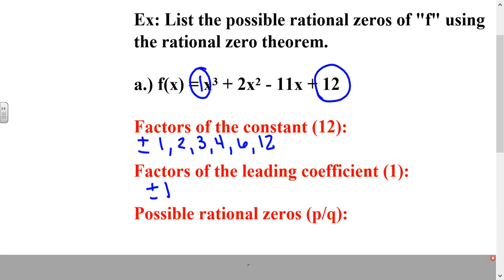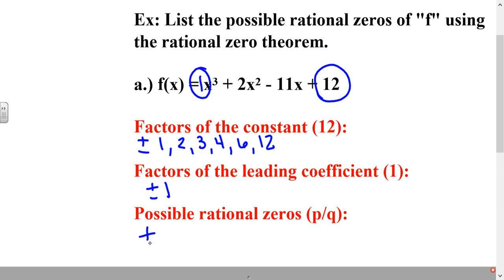Then my possible zeros would be positive or negative 1, 2, 3, 4, 6, and 12. Those are the places where it could cross through the x-axis. Now those are just possibilities, so we don't know for sure if that's what they actually are.